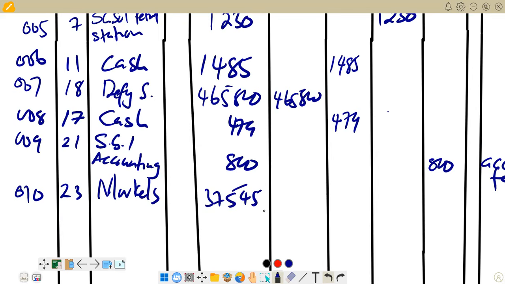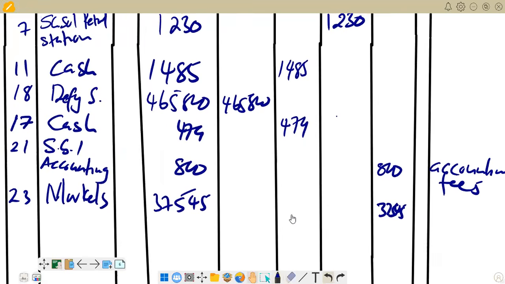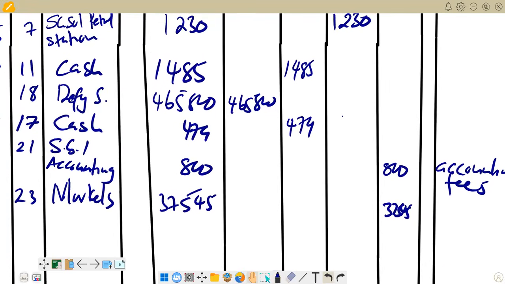This is what we have. And we are saying this should go under sundry because it doesn't fit under purchases, petty cash, or fuel. So we have 37,545. In the description there, we are saying it is office equipment.